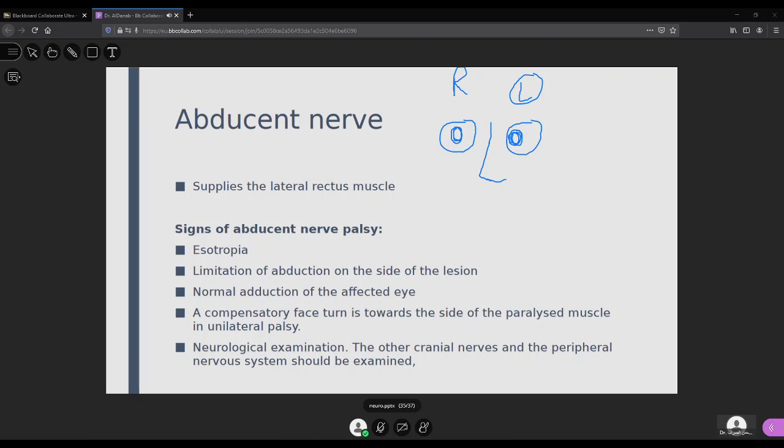This patient, if he looked to the left, is trying to make the normal position in the esotropia of the left. So if you did face turn to the left side, toward the side where the palsy is, the eye will always be in the esotropia.